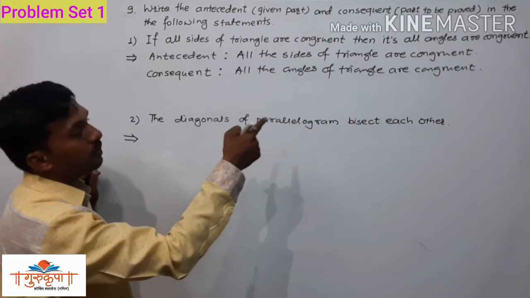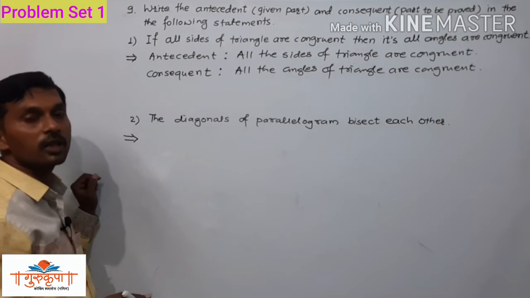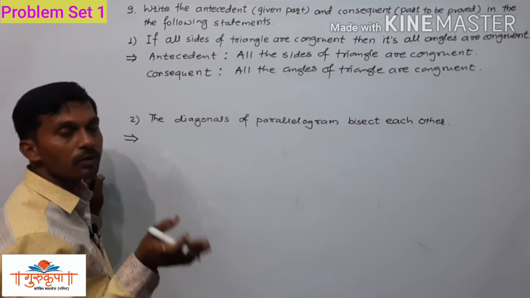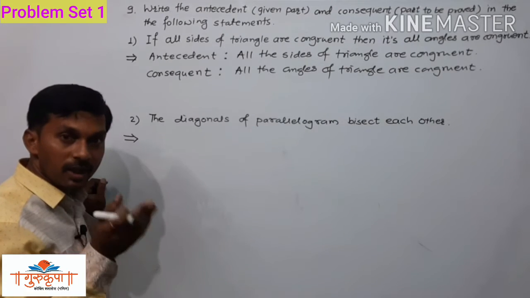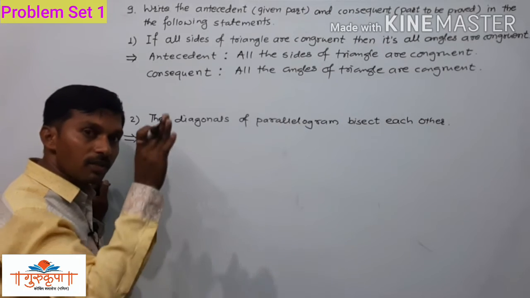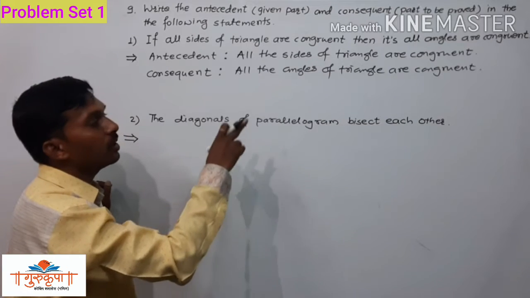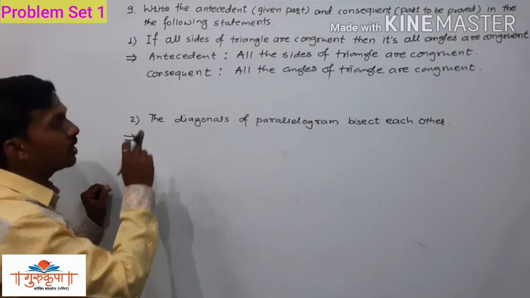Here the statement is, the diagonals of a parallelogram bisect each other. While writing the conditional statement I already told you we have to give importance to the diagram. Here the diagram is a parallelogram. If a quadrilateral is a parallelogram, then the diagonals bisect each other. That is the conditional form of the given statement.